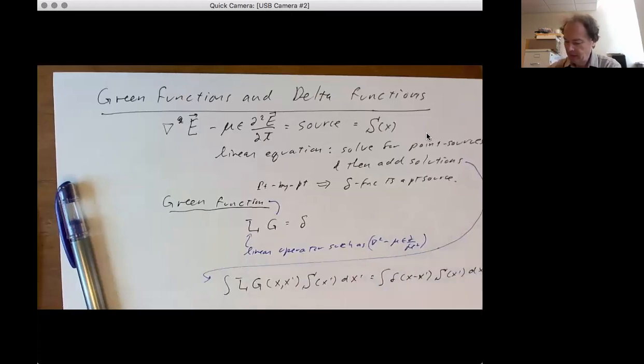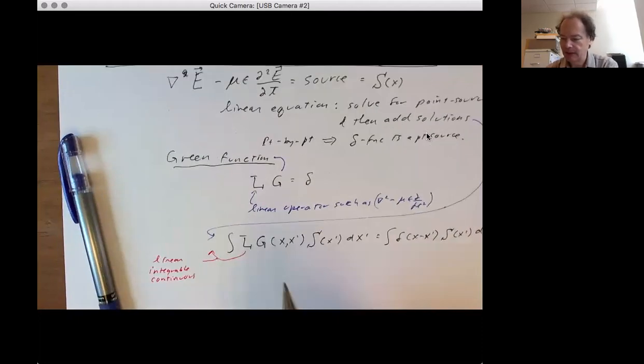And we can take the linear operator out if it is linear and integrable and continuous. All these nice things that we're happy about in physics, because physical reality is usually continuous and integrable.